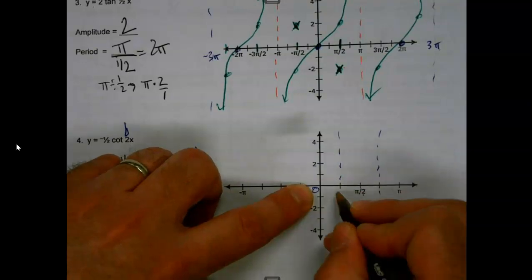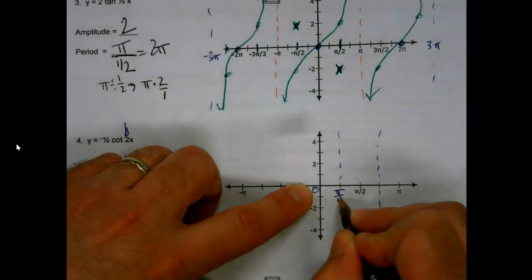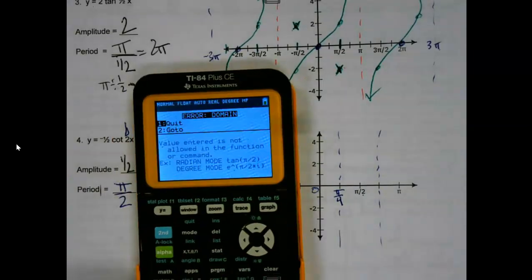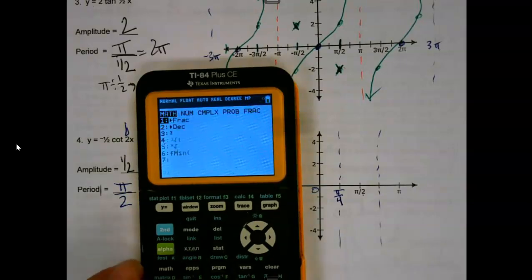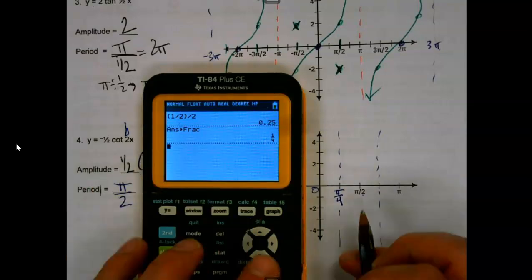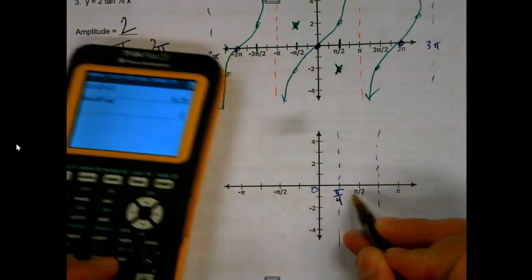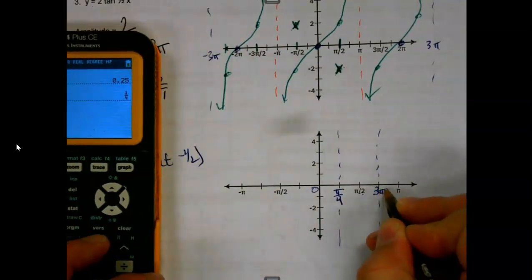Between 0 and 1/2 is 1/4. Because again, if you have to, 1/2 divided by 2 is 1/4. Okay. 1/4, 2/4, 3/4. We've done this on other things.